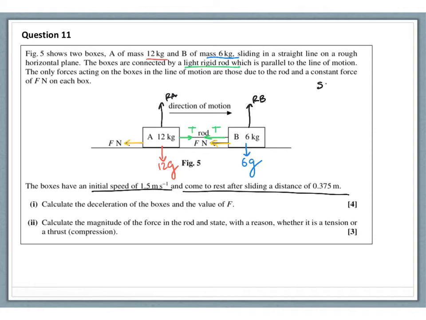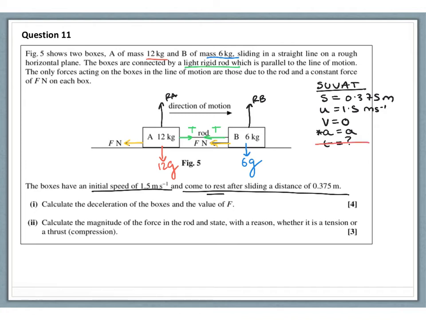So our SUVAT information tells us constant acceleration equations. S is 0.375 meters. U is equal to 1.5, the initial speed. V equals 0 because they come to rest. A is what we're looking for, and we don't know anything about the time, and actually that's not useful to us.